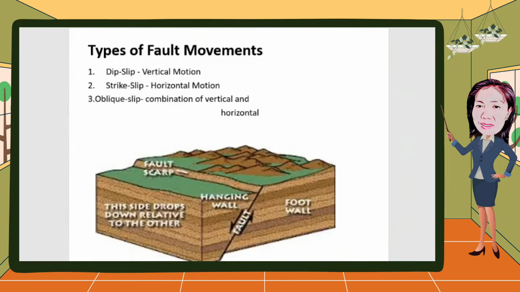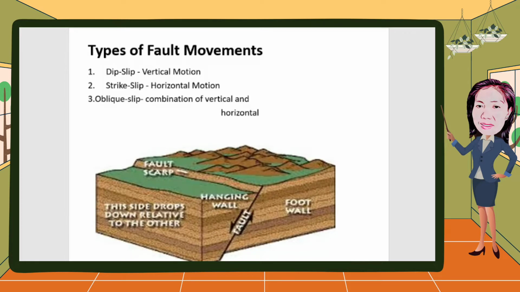Okay, actually there are three types of fault movements. When we say movements, this is how rocks and plates move. It depends on how the movement is done. Is it vertical or horizontal?